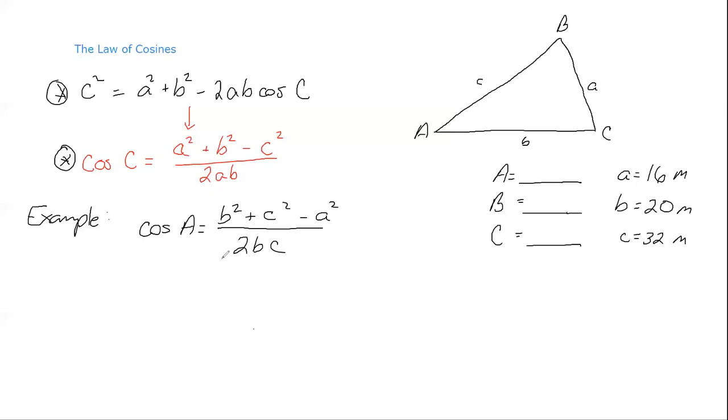But this expression right here on the right-hand side only uses sides, which is handy because that's all I have. So cosine of A is going to equal B squared plus C squared minus A squared divided by 2BC.